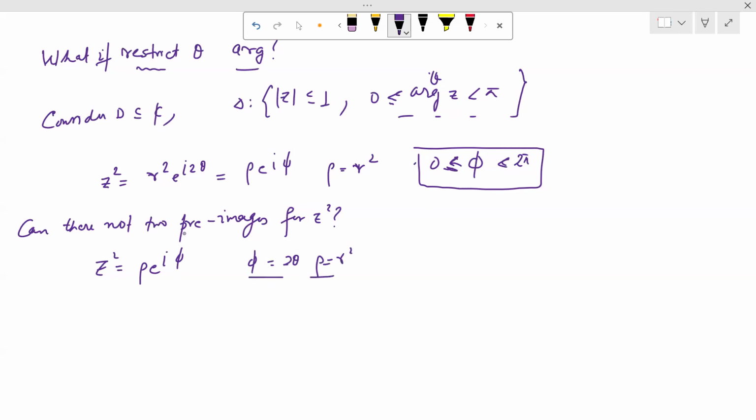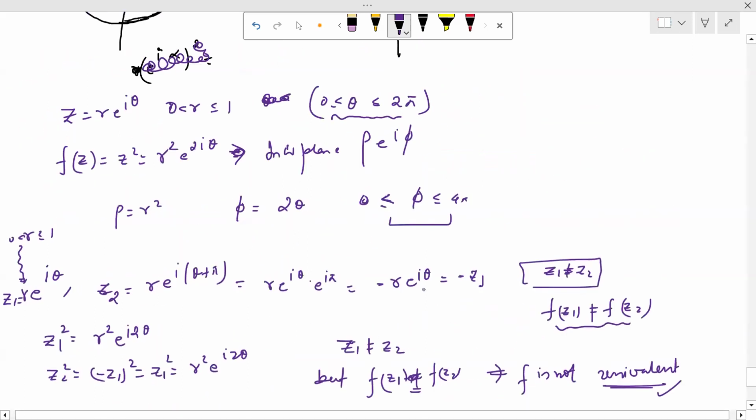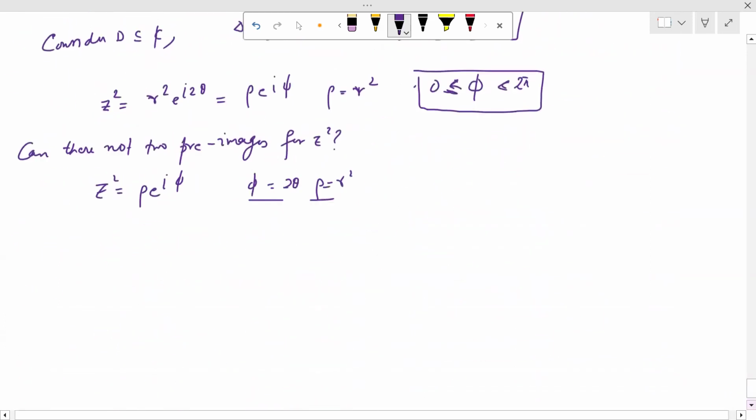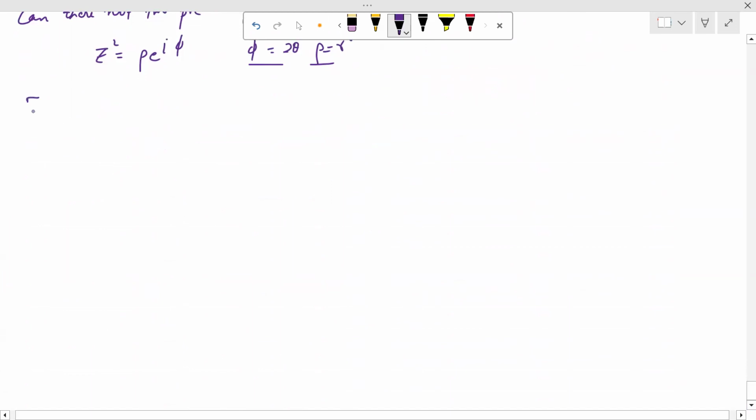If at all there are two pre-images, when can there be two different pre-images?